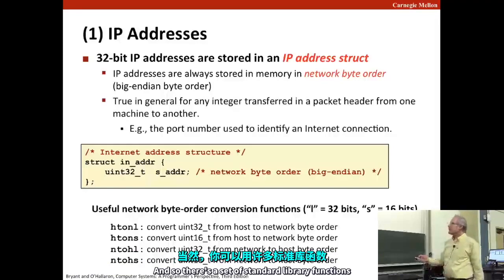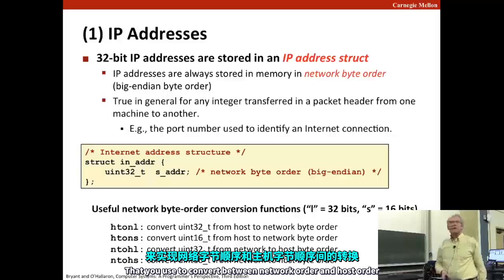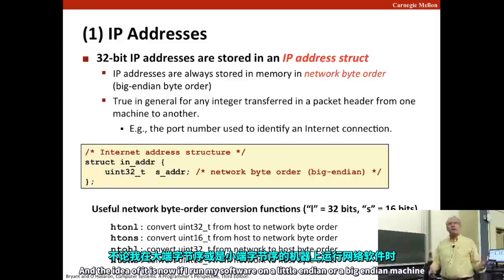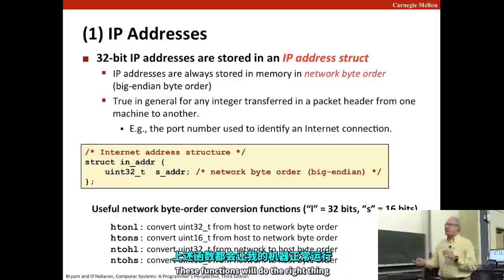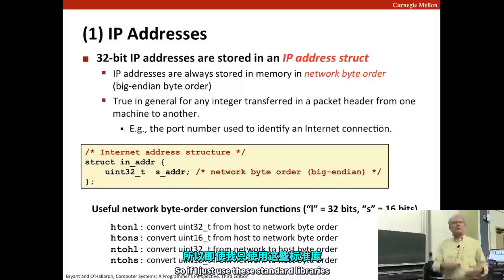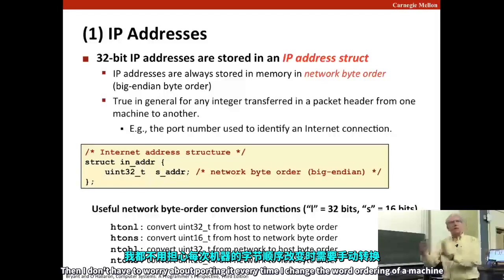So there's a set of standard library functions that you use to convert between network order and host order. The idea is, if I run my software on a little Endian or a big Endian machine, these functions will do the right thing. So if I just use these standard libraries, I don't have to worry about porting it every time I change the word ordering of the machine.